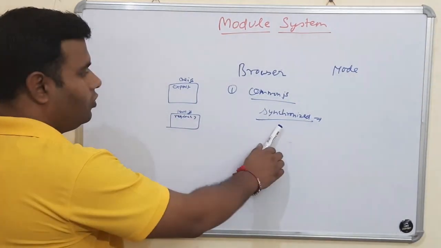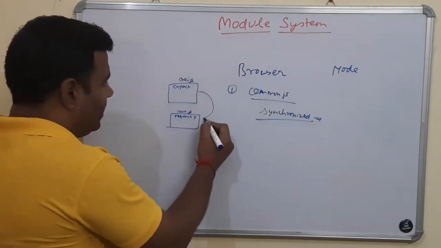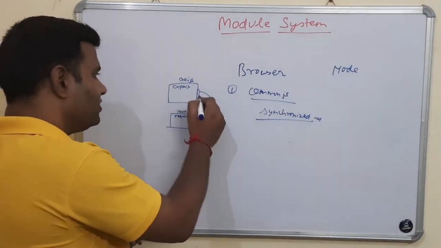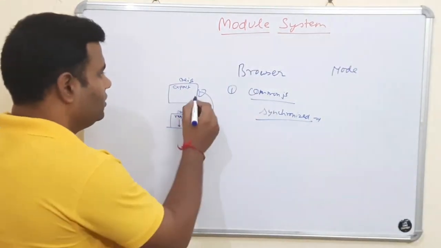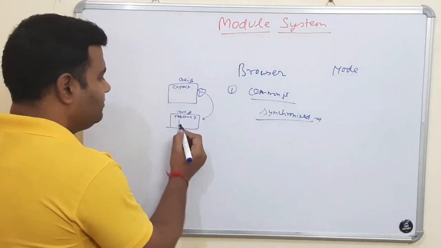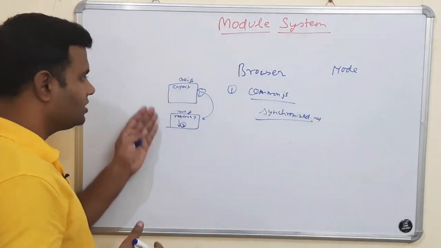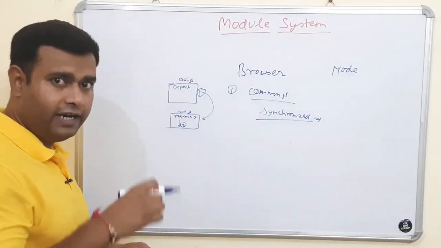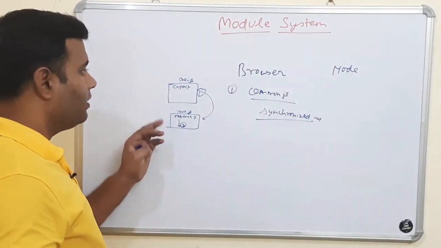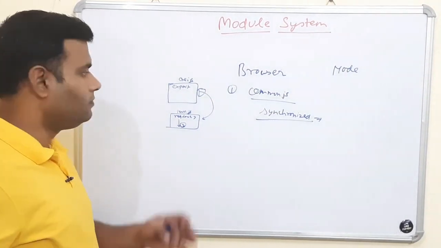When I say synchronous, it will first load and execute this file, and then the execution will continue from here. So this will happen first and this will happen later. But the disadvantage of this system is that even if this particular module is not required right away, we are just importing it, but it will run. So it will have some performance issues.